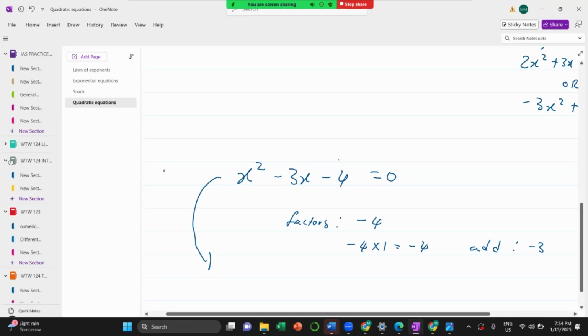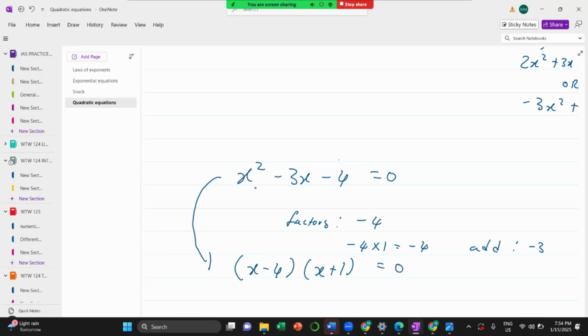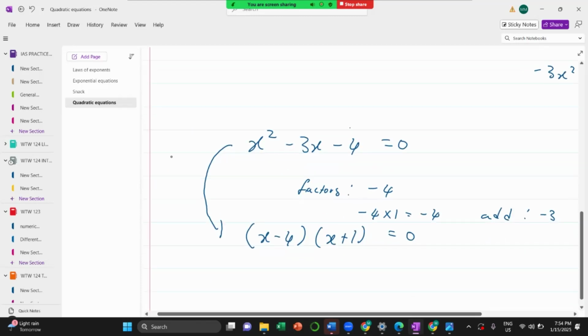So now this means that our factors for this quadratic are x minus 4 into x plus 1 equal to 0. In the next step, we apply the zero factor law. So x minus 4 can be equal to 0, or x plus 1 can be equal to 0.